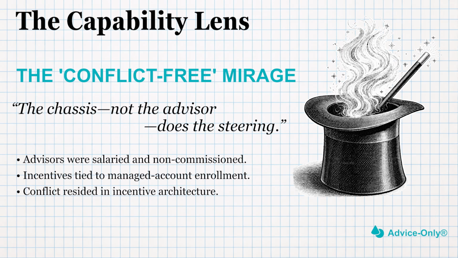From a capability perspective, removing a single compensation mechanism does not change what the system is fundamentally built to produce. When advice is delivered inside a structure that benefits from implementation outcomes, the two masters problem persists by design.